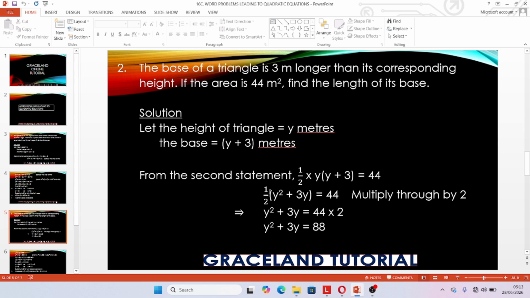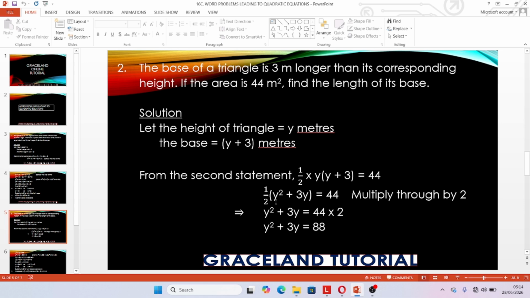So we have half into y squared plus 3y: y times y gives y squared, and y times plus 3 gives plus 3y, which is equal to 44.